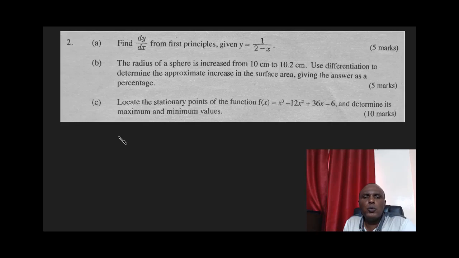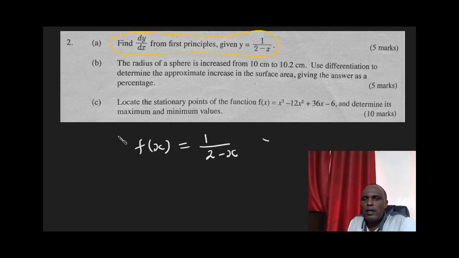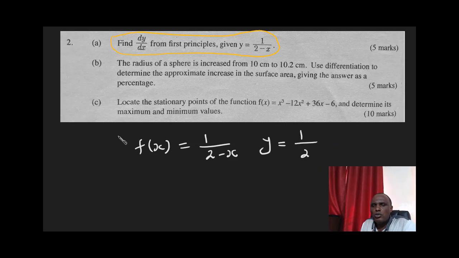Let us do question number 2a. We are required to get dy over dx of the function given, and the function that we are supposed to differentiate is y is equal to 1 over 2 minus x.